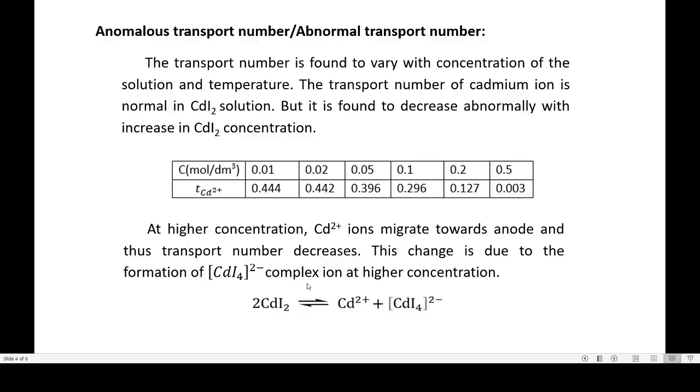It is at higher concentration. So at higher concentration, cadmium iodide will ionize to form a complex ion. So the decrease in the transport number is due to formation of this complex ion.